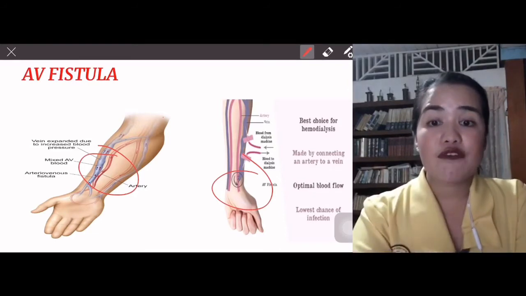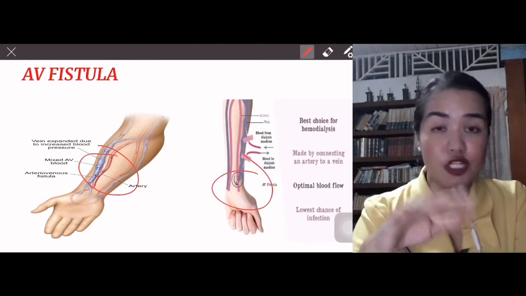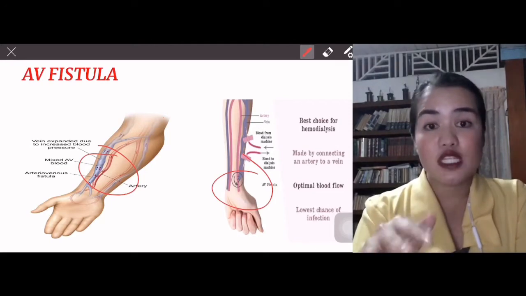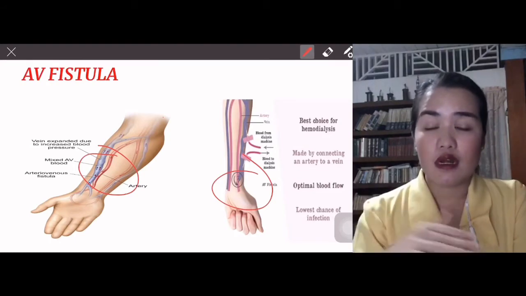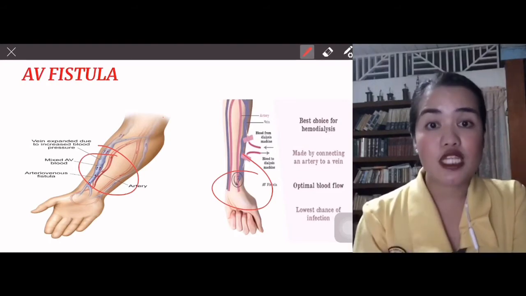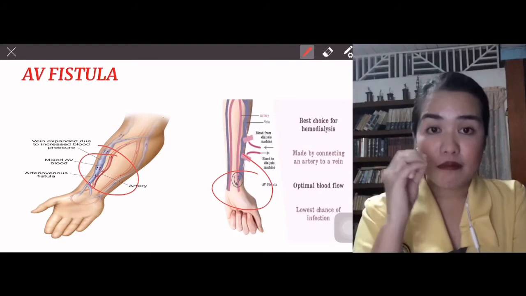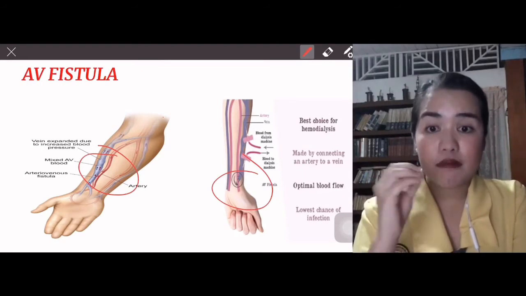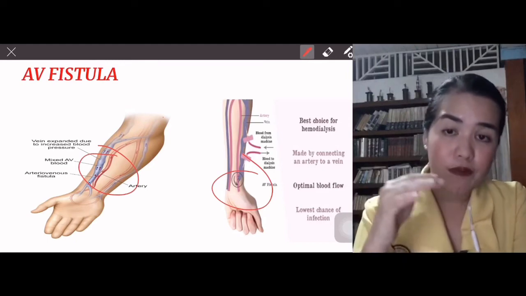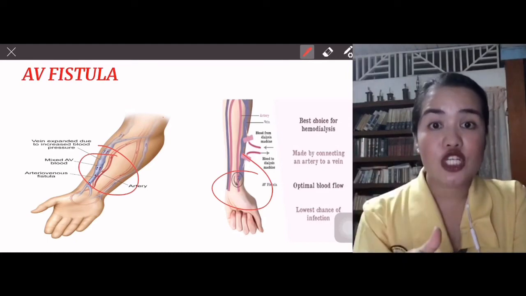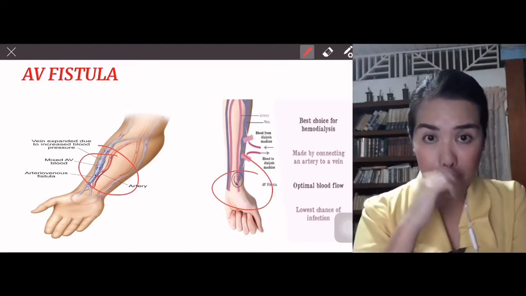Once the AV fistula surgery is completed, we normally need to wait several weeks or months for it to heal and mature. Once it is healed and mature, it is ready for cannulation and for hemodialysis.